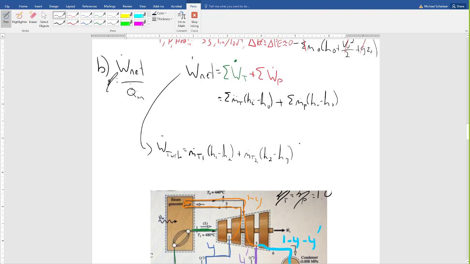The third turbine, m dot T3. The third one goes from 4 to 5. And the fourth turbine, let's see if I can squeeze it in here, goes from state 5 to 6, H5 minus H6.